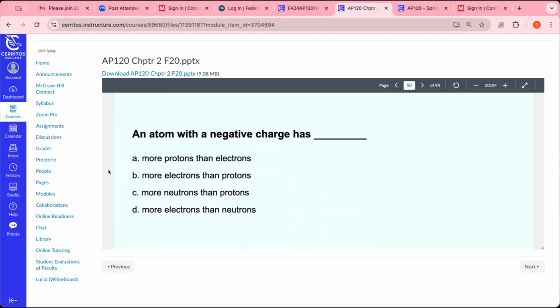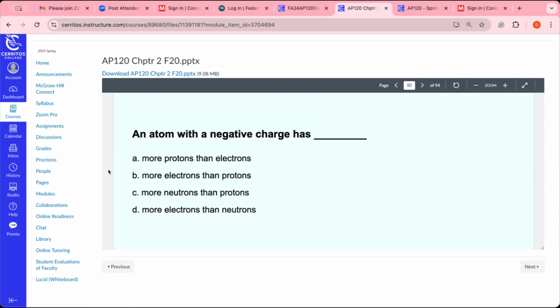So, here's a couple of questions for us. An atom with a negative charge has more protons than electrons, more electrons than protons, more neutrons than protons, or more electrons than neutrons.